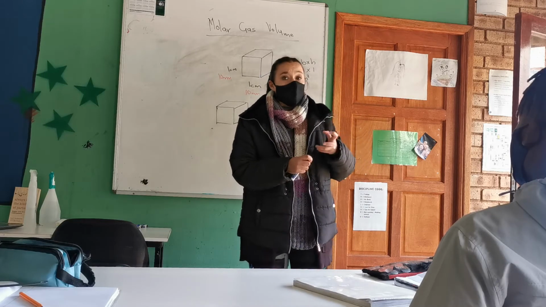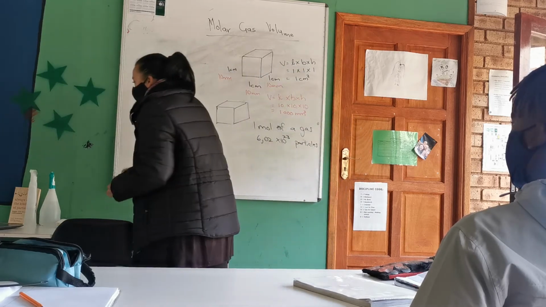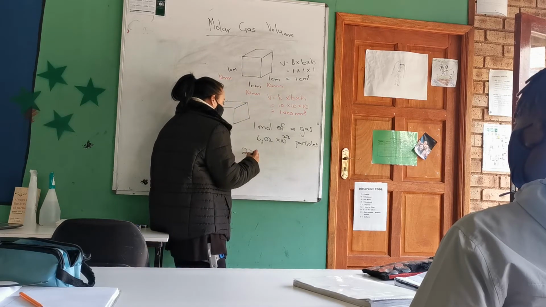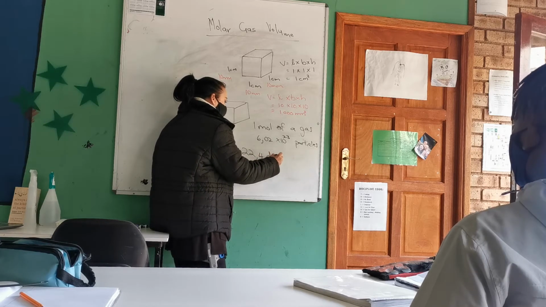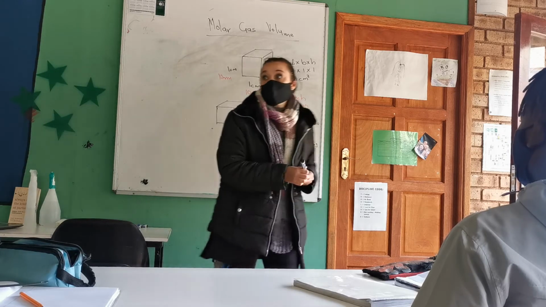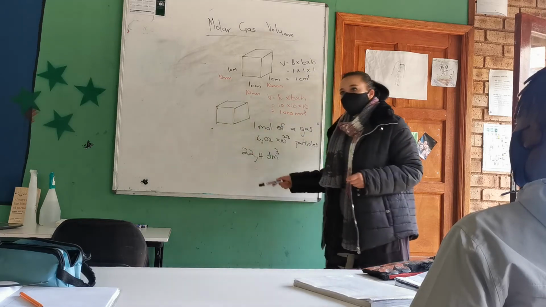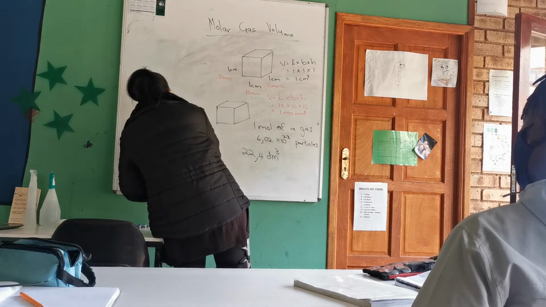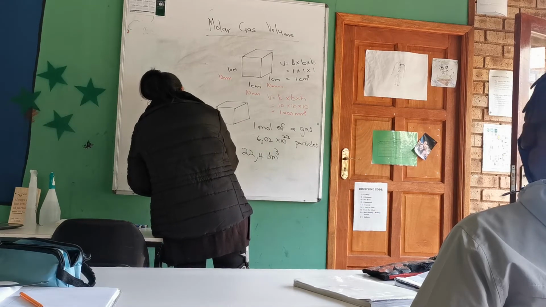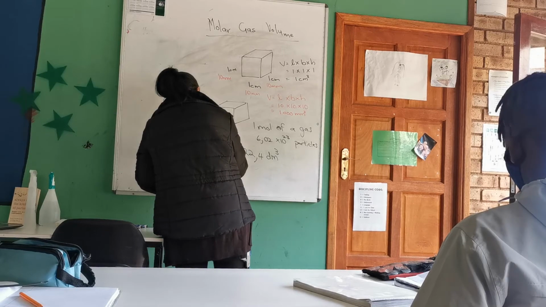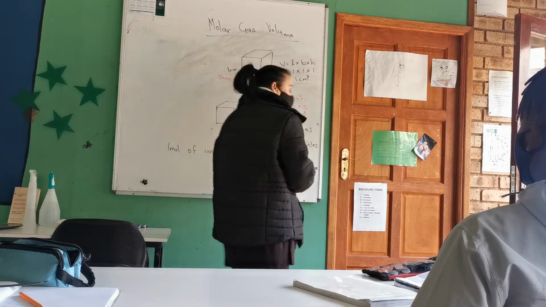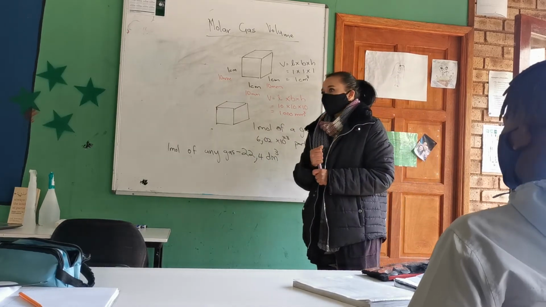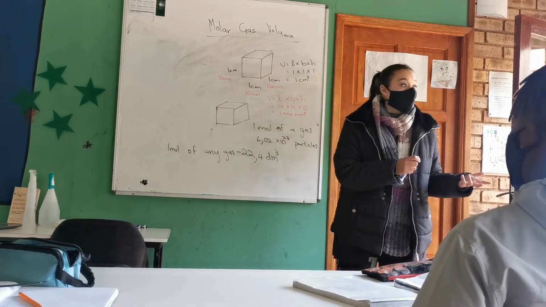So 1 mole of any gas will always occupy a volume of 22,4 decimeters cubed, regardless of what the size of the molecules are.